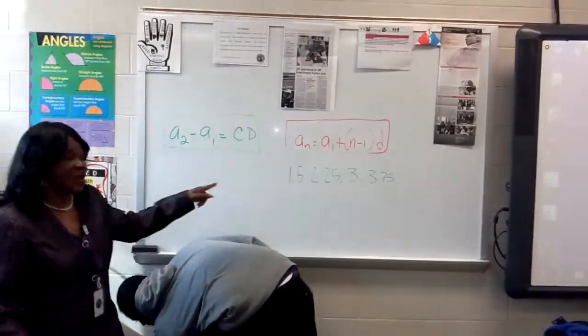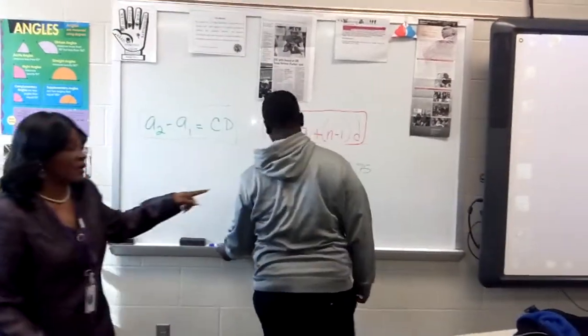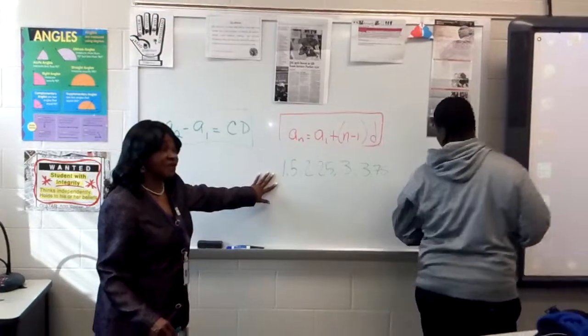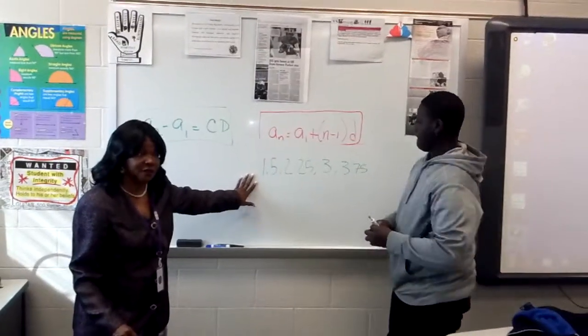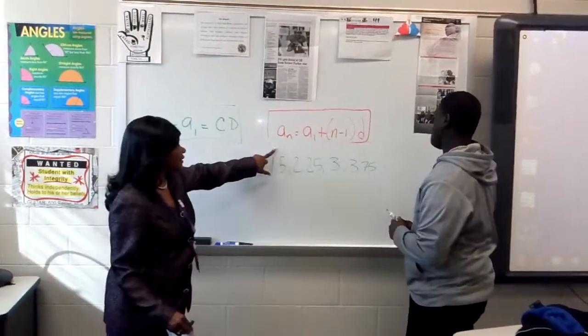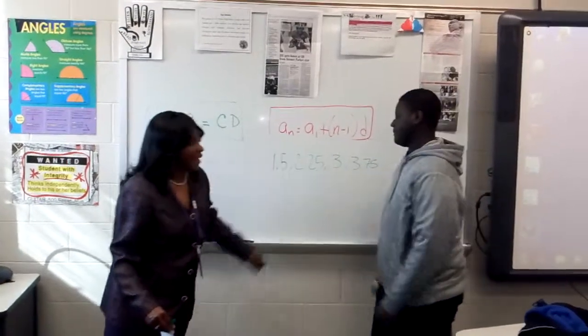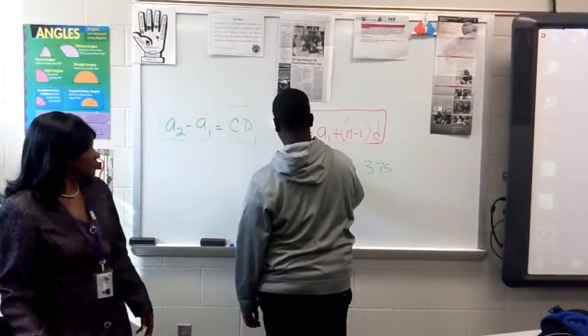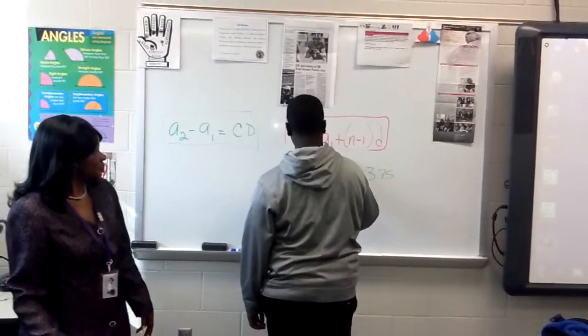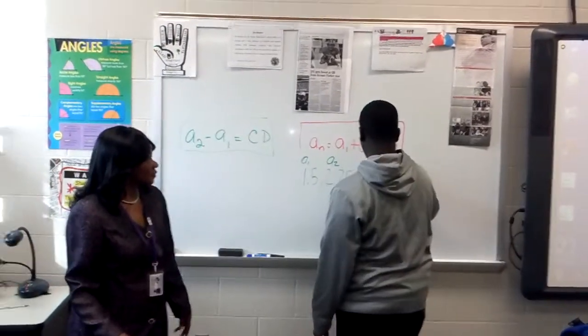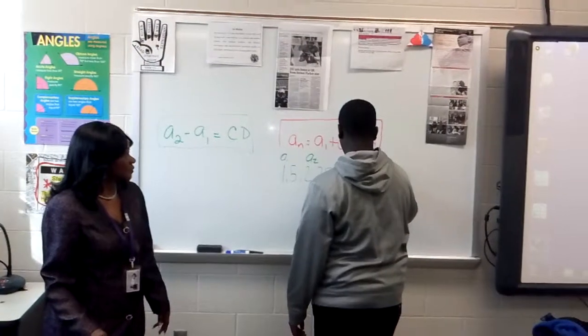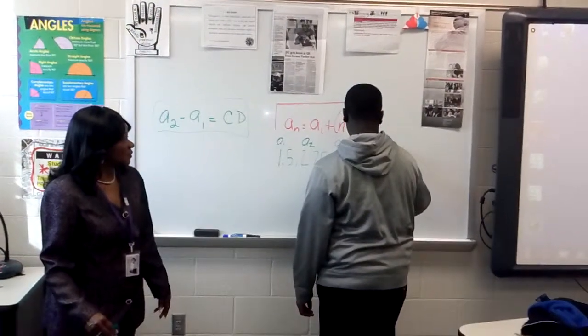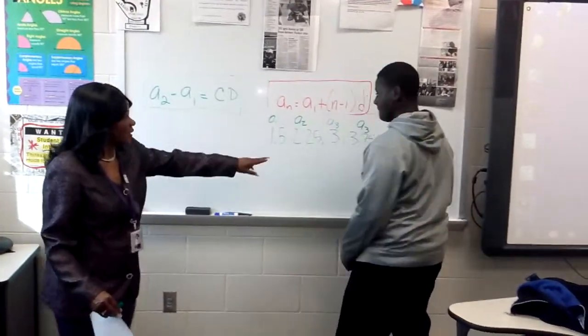First off, we got to find our common difference, if there's a common difference. We're going to label these A sub 1 through A sub 4.